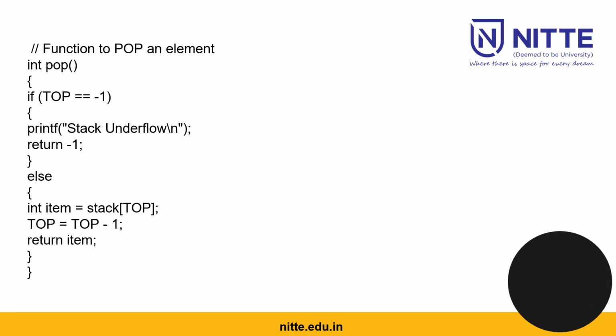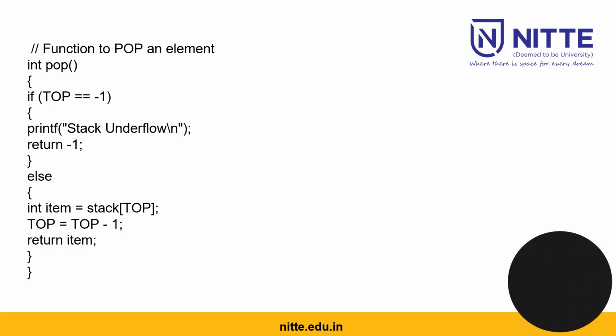So 4 minus 1 is 3. The new top value is 3. That means the element which was at index 4 has been deleted. Otherwise top would have pointed to 4 only.